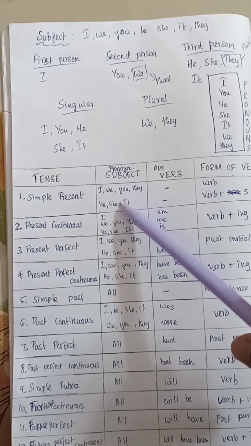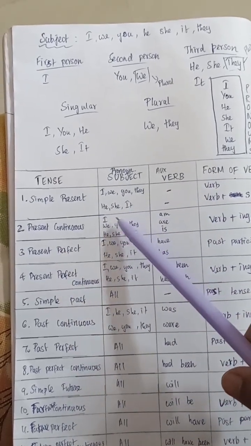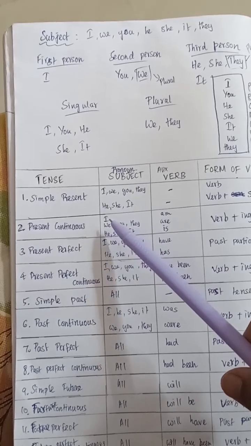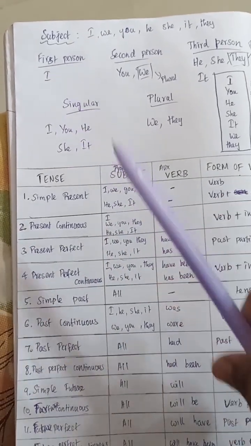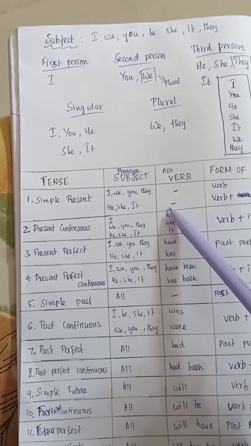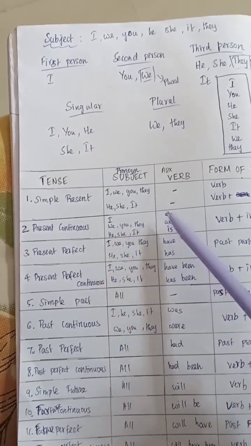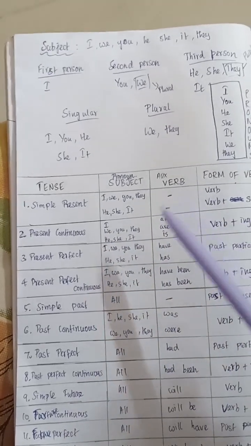Here we have two, and according to that it varies, but here we have three. For I, that is the first person alone, it has a supporting verb that's called am. I am. So we can say I am writing.